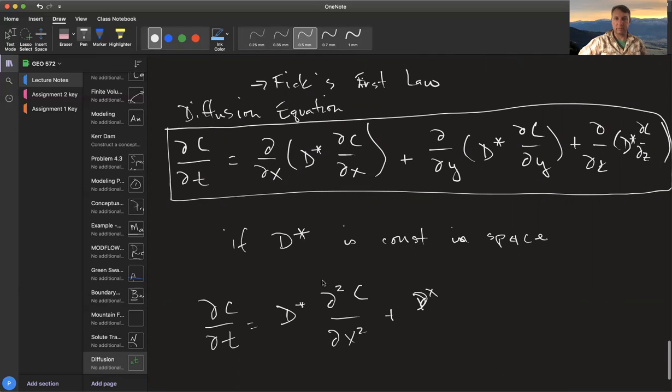Let's just get the D stars the same and the same in all directions.